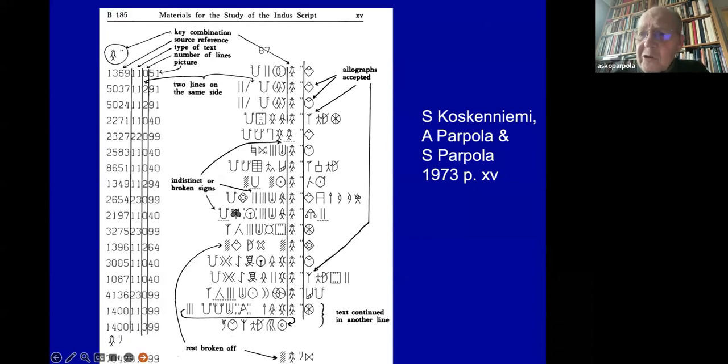The computer-controlled plotting of the concordance was a complicated and lengthy operation. Every single page was drawn with an India ink pen on a paper page sized 48 by 64 centimeters.